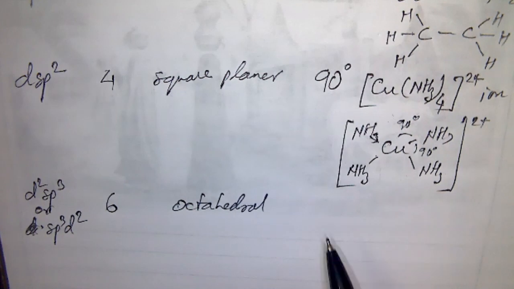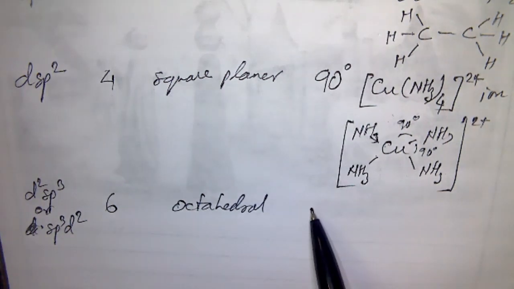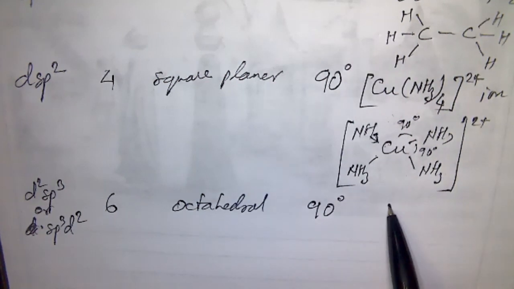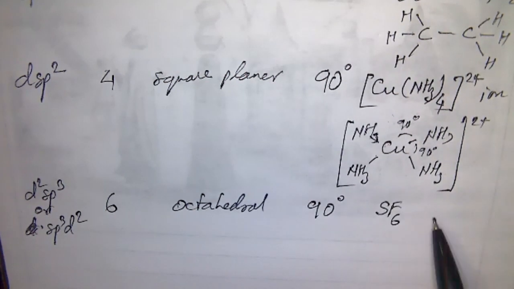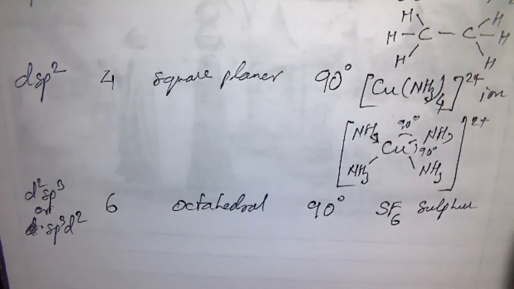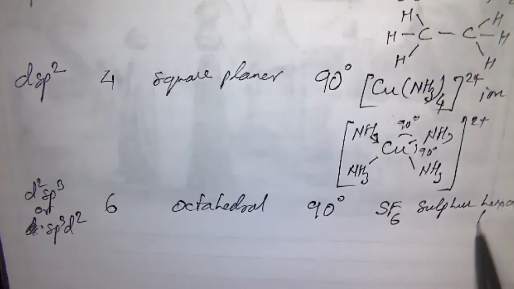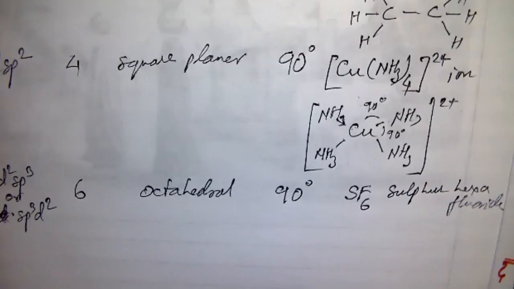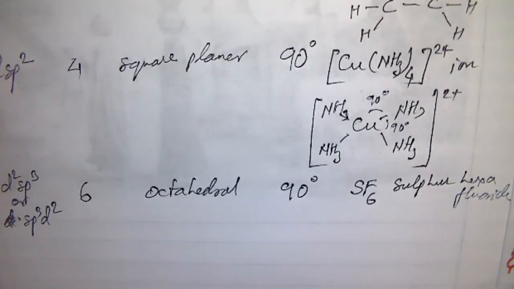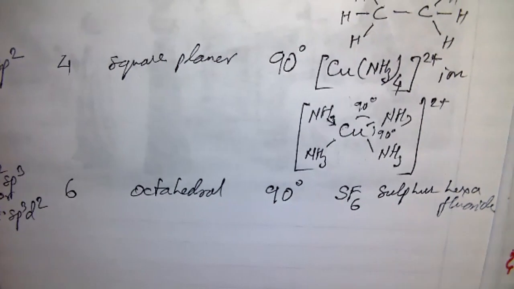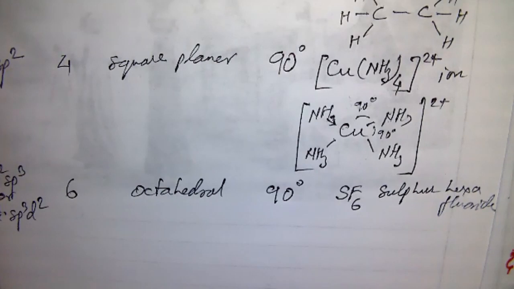This octahedral structure, the bond angle again is 90 degree, and here we can take SF6, sulfur hexafluoride. Is it clear?